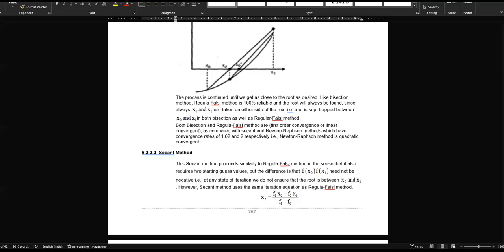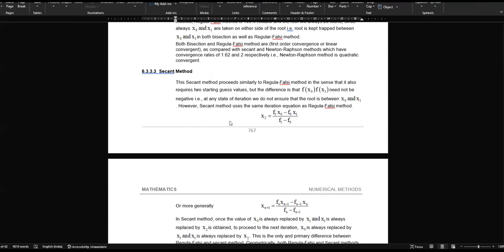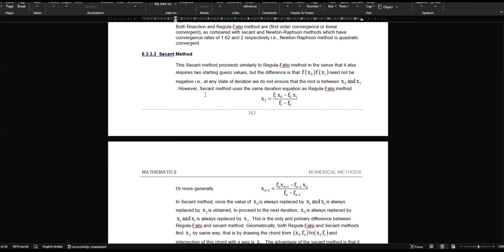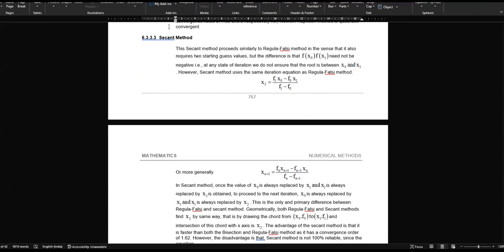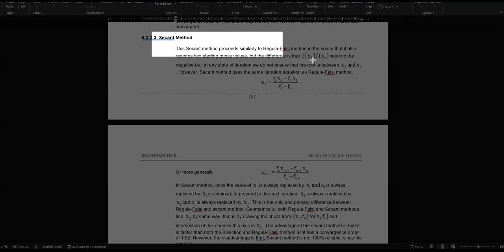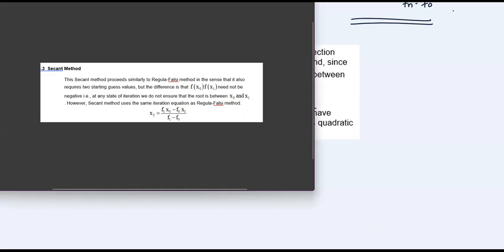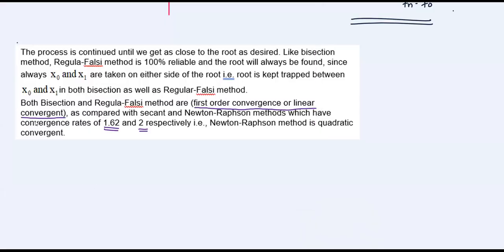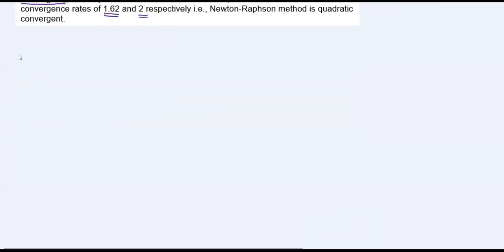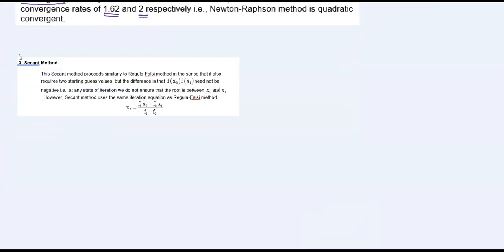So next, look at the secant method. Secant method is slightly different. This is much faster than the previous two methods.